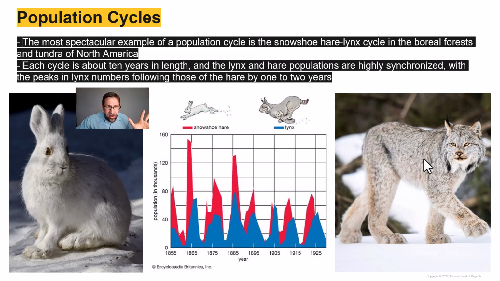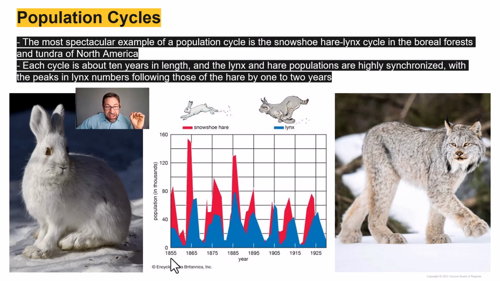So these hare and lynx population estimates go way back to the 1850s. So this is data that's generated. It reflects the record of pelts that are harvested by fur trappers and sold to the Hudson Bay Company. So that's where those data come from.